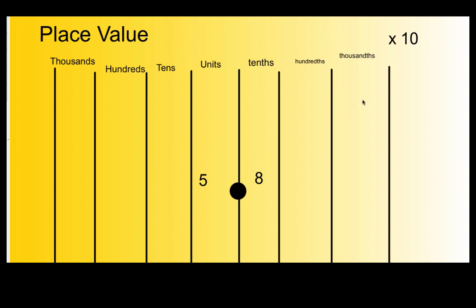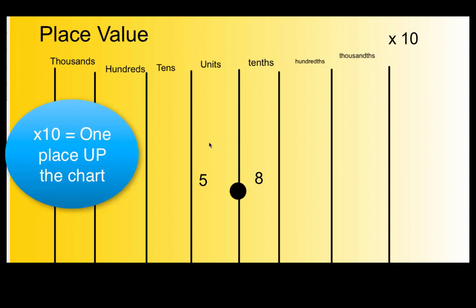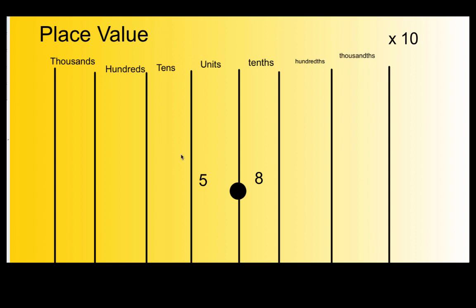Now, what we do when we times by 10 is we move this number and everything in it, the 5 and the 8, one place up the place value chart. One place up the place value chart like this. So 5.8, here it is, times 10 becomes 58.